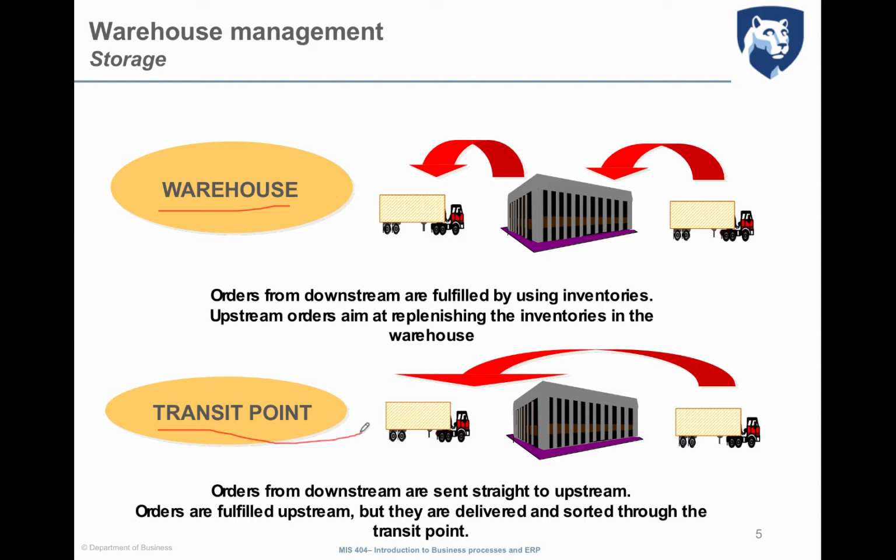In particular, transit points are used especially for optimizing transportation activities, because thanks to transit point, companies have the possibility to define or to redefine or to combine product in order to reach the right product mix, or in order to optimize delivery for customer within the same geographical areas or for customer with the same needs. So warehouses is a unit of analysis for logistics and for inventory management, while instead the transit point are a unit of analysis for logistics, but they are useful especially for transportation activities.